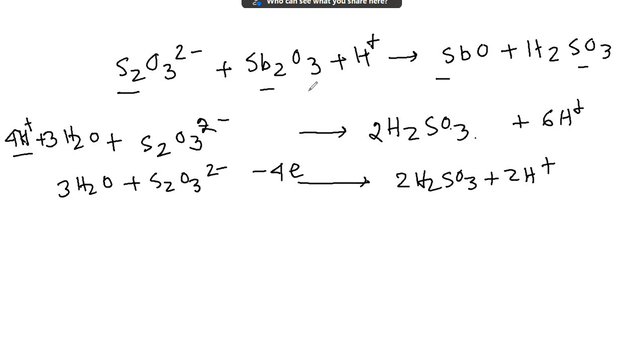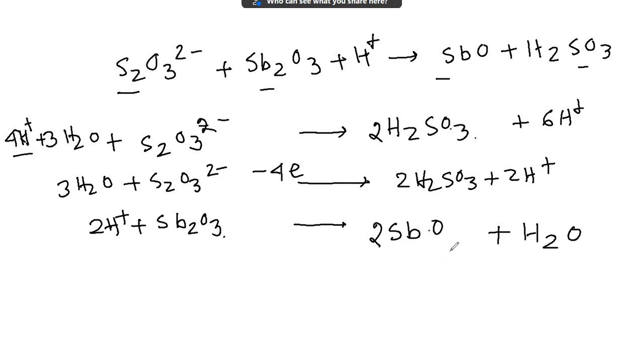Let us look at the second one. It was Sb2O3 changes to SbO. There is 2 antimony atom, there is 1. So first put 2 over here. After that it is Sb2. It is 3 oxygen, in this case 2 oxygen. No oxygen is excess over here. So put 2H plus over here and H2O on the other side.